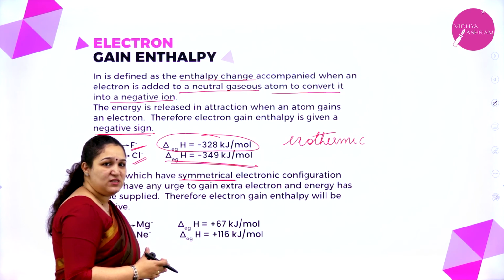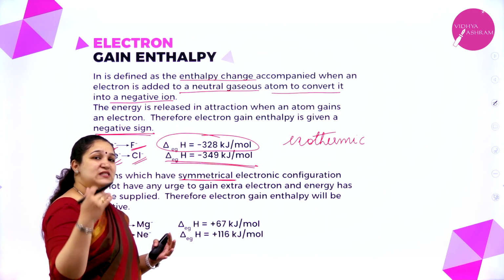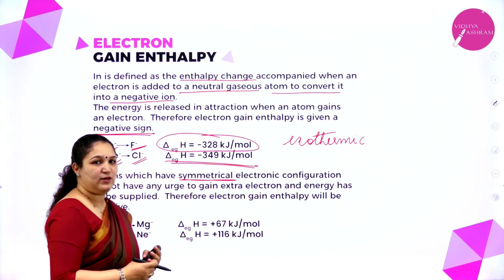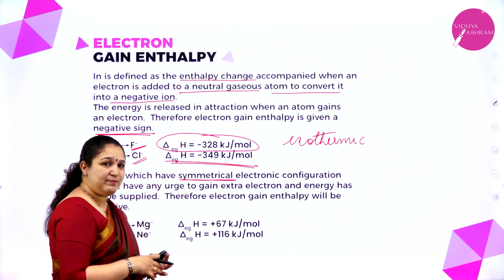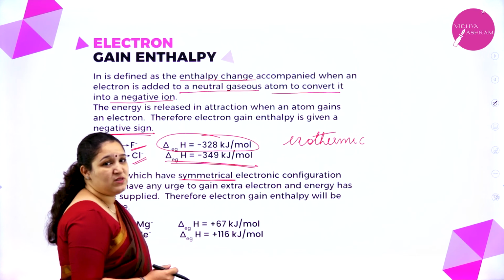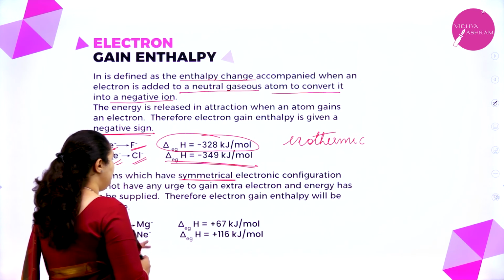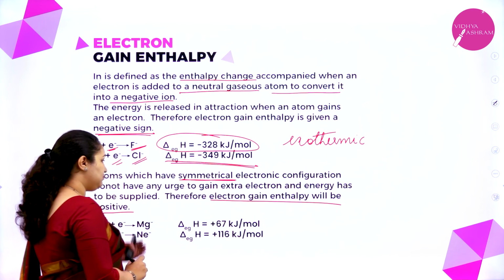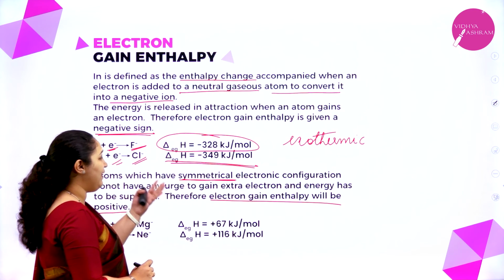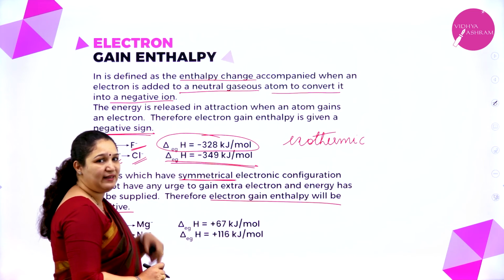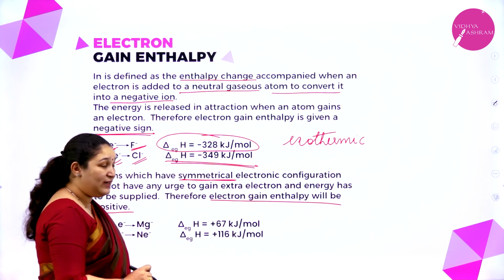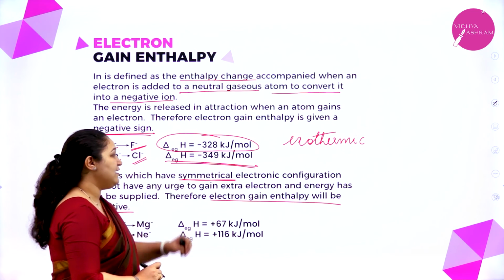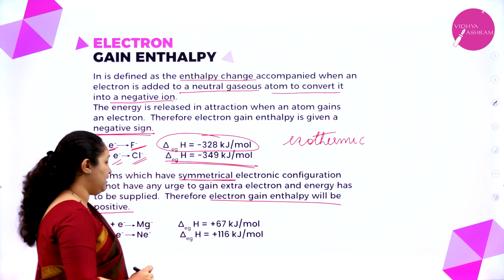So in such cases, energy has to be supplied so that they will take up an electron. At that time, what is happening? The value will become positive. So electron gain enthalpy will be positive, and you have to give extra energy so that they can take up an electron, only when the atoms have a symmetrical electronic configuration.